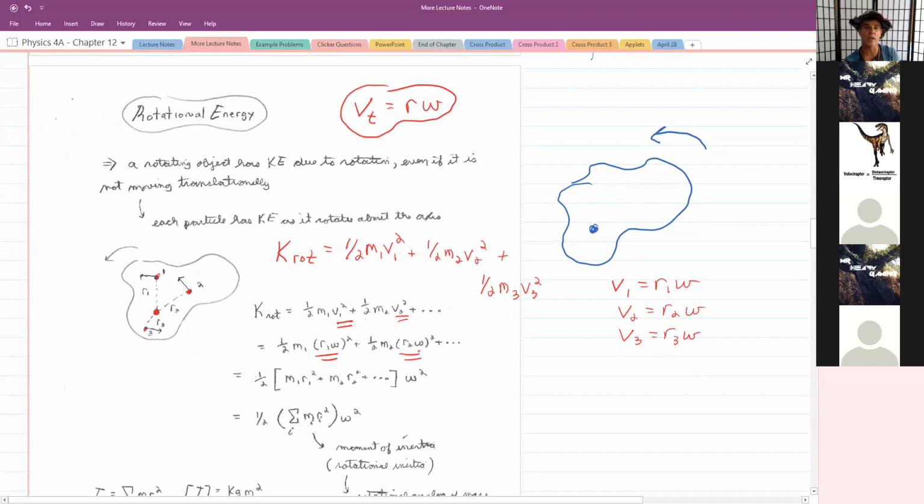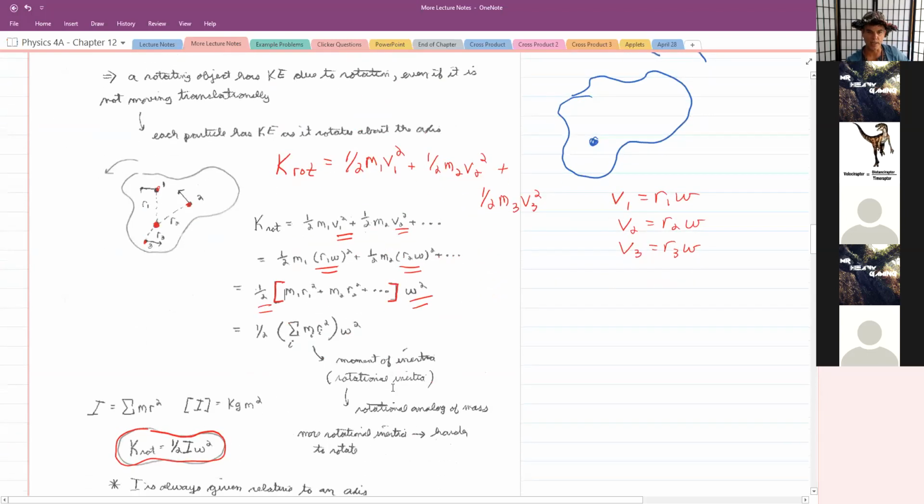Since omega is the same for everything, I can factor it out. So instead of 1/2 m1 r1 omega squared plus 1/2 m2 r2 omega squared, I'm factoring out all of the m's and r's. Omega is the same for each. The 1/2 is obviously the same for each.